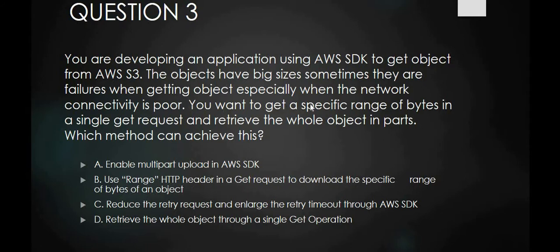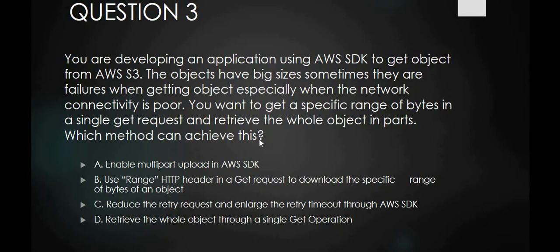You want to get a specific range of bytes in a single GET request and retrieve the whole object in parts. Which method can achieve this? What they are saying is that because sometimes the object might be too big and there are failures, you want to get a specific range of bytes from it.